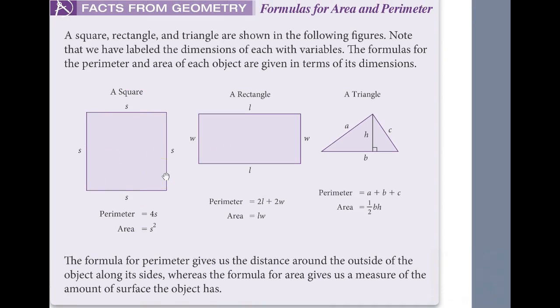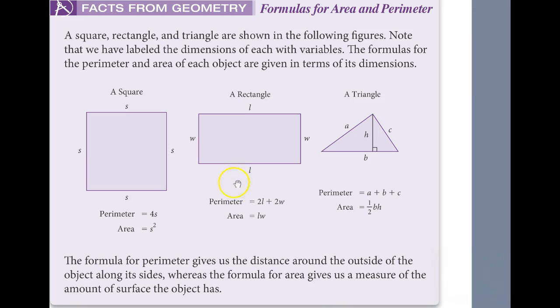Well, if we want to shortcut that, S plus S plus S plus S, that's 4 S's, well, we can say 4 times S. For a perimeter of a square, our formula is 4S. Now our area is going to be the side times the side. So it's going to be side squared.